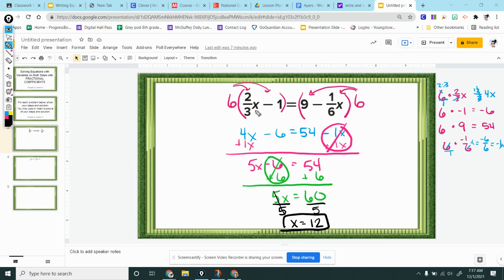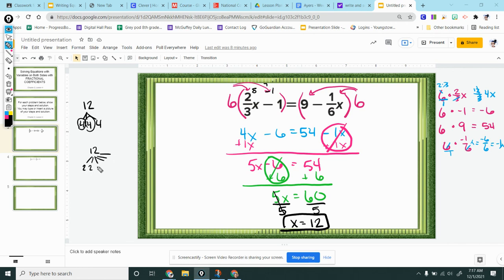I always want to simplify it. If I'm thinking 2/3 of 12, if I've got 12 and I'm breaking it up into three parts, each one of those is 4. So 2/3 of 12 is 8. So if I'm thinking about it, this is 8 minus 1 on this side. 8 minus 1 gives me a value of 7. And I have 9 minus 1/6 of x. If I have x is 12 and I'm breaking it into sixths, 1, 2, 3, 4, 5, 6.